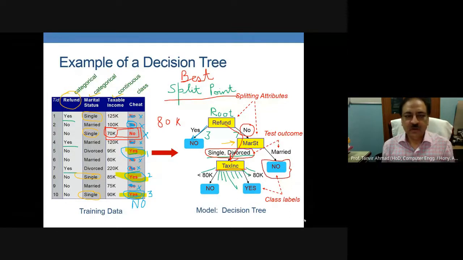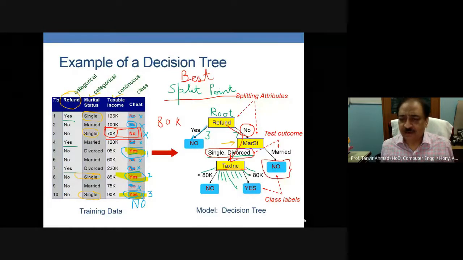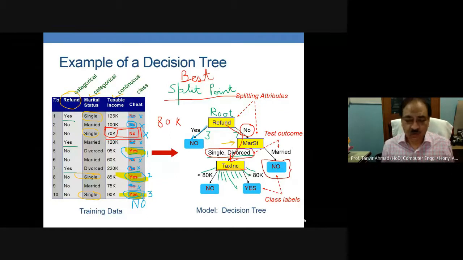Okay, now when the partitions are not pure at that moment, then what should I do? Therefore, what you do is that you have to apply a majority voting.